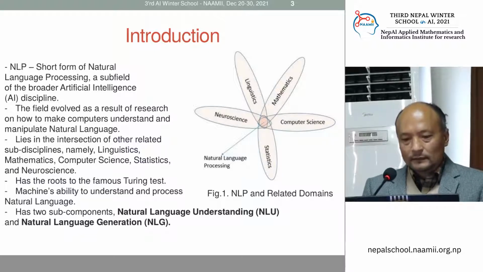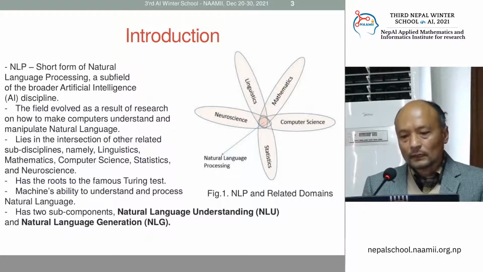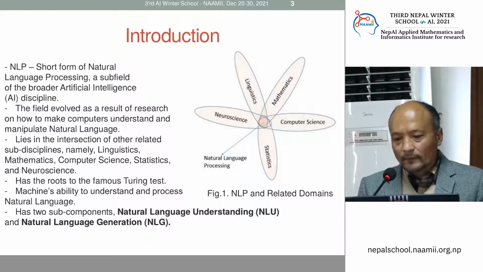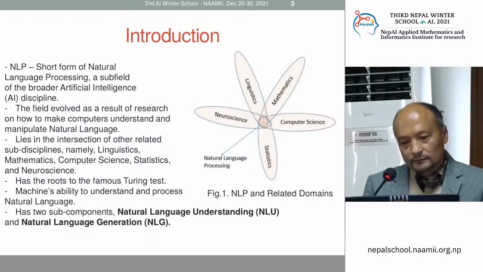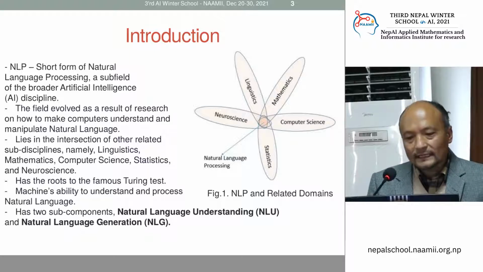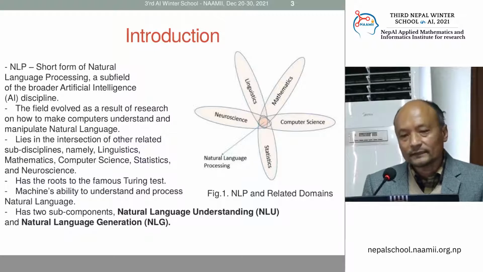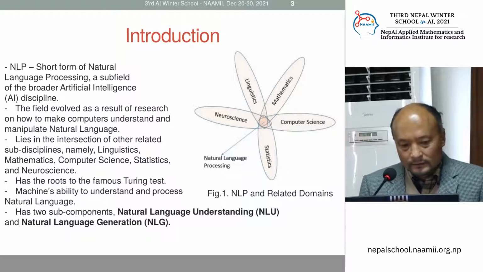But as you can see from the figure as well, there are several interrelated sub-disciplines, namely linguistics, mathematics, computer science, neuroscience, statistics, and so on. So NLP, as you can see from the figure as well, comes as an intersection of all of these interrelated sub-disciplines of artificial intelligence. All right.